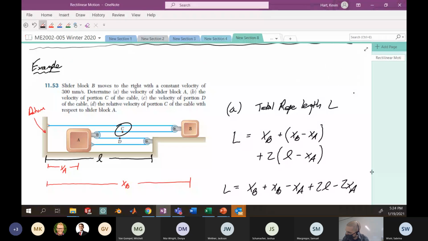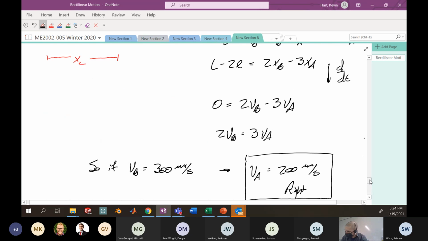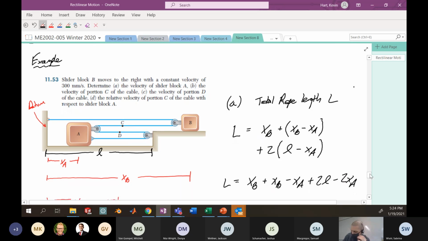All right, next part of the problem. The velocity of portion D of the cable. All right, very similar strategy. I'm interested now in velocity of portion D. So we could do it in many ways. Again, considering the length of rope that's up to there, that's perfectly fine.